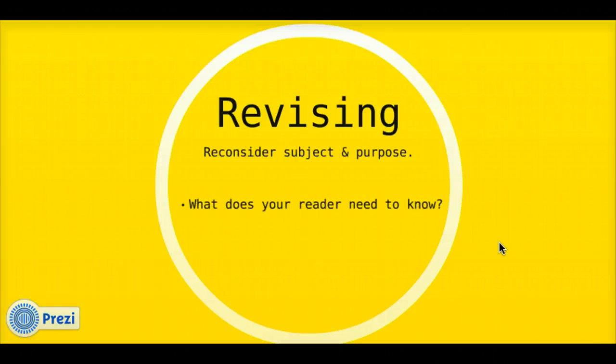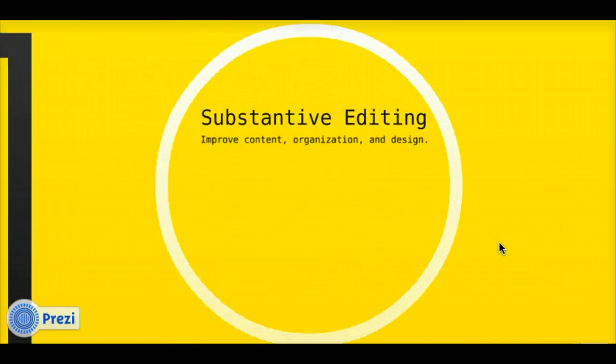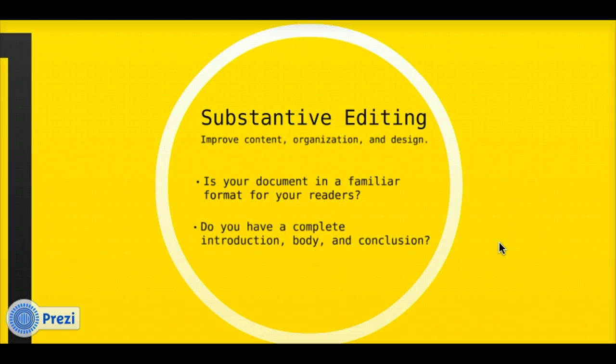It's good to ask yourself, what does your reader actually need to know? Where will your document be used? Next, we have substantive editing, where you can improve the content, organization, and design of your document. Ask yourself, is your document in a familiar format for your readers? Do you have a complete introduction, body, and conclusion?